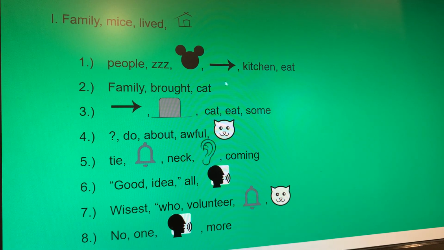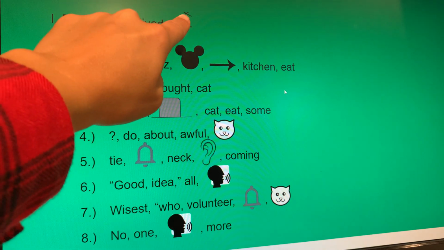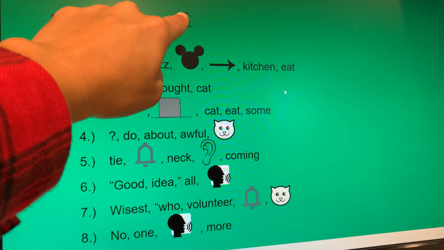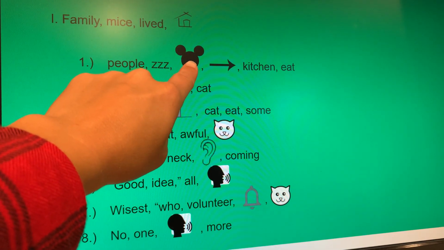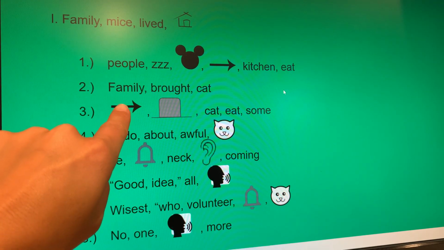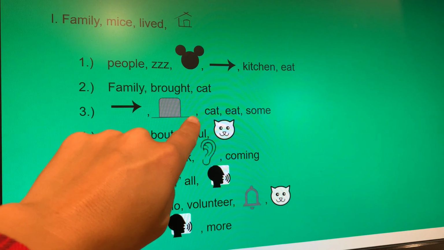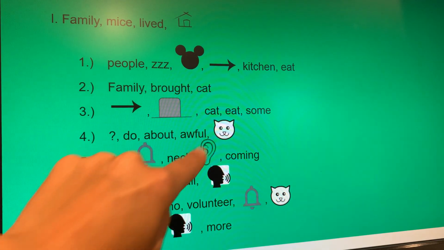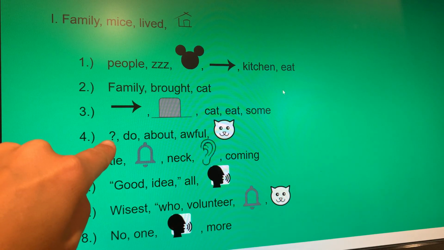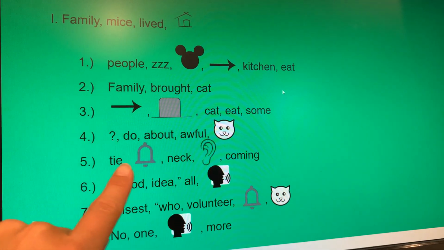You'll notice some of the symbols I've used here. Z's stand for sleep. Of course, a little outline house for house. Got a little mouse head here for the mice. Little mouse hole. Out of the mouse hole, the cat would eat some. And they questioned what to do about the awful cat.